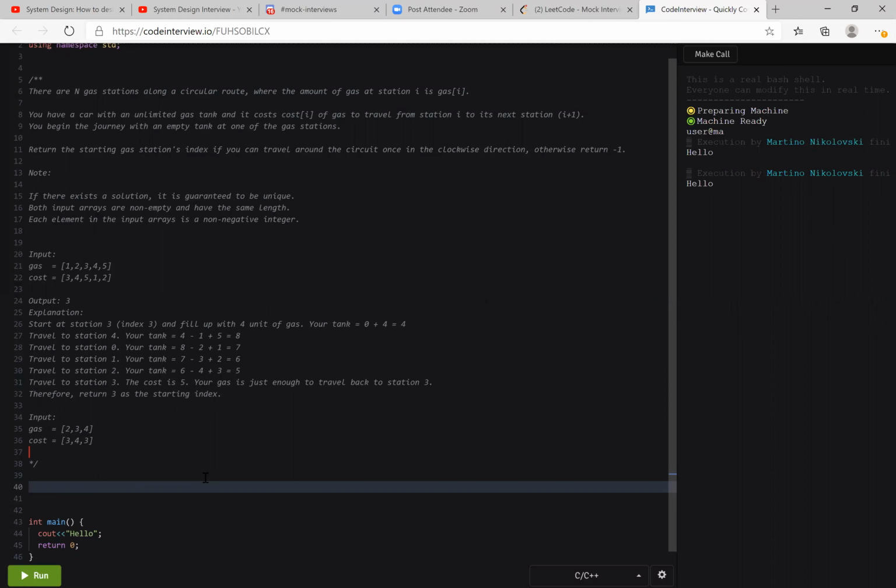So the return is some int, route possible. And I'm taking input as the gas and the cost, which I'm not changing.